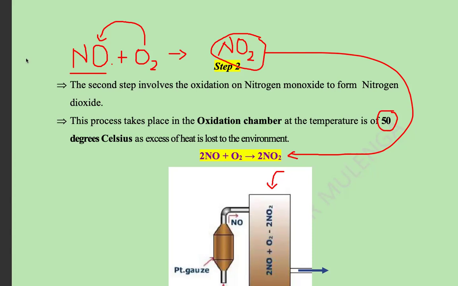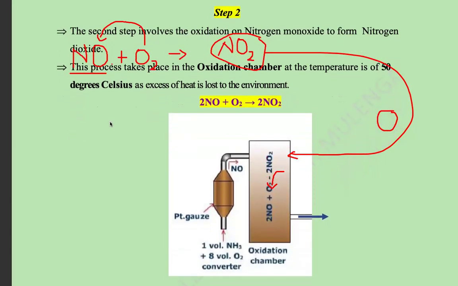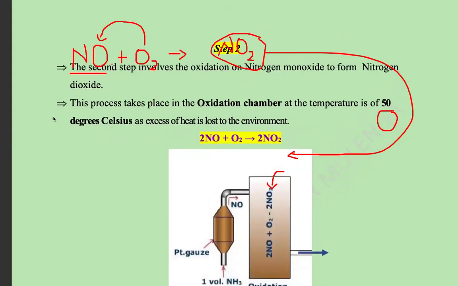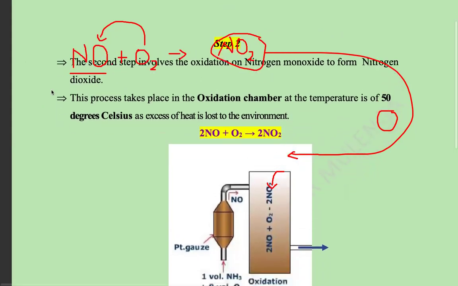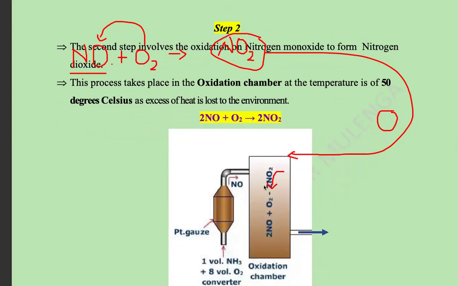Now, if you look at what is actually happening in here, this is called the oxidation chamber because here at the beginning, the ammonia lost hydrogen in as much as it gained oxygen. But here is a direct addition. We are just adding oxygen, one atom of oxygen to nitric oxide, and purely this is called oxidation as well.